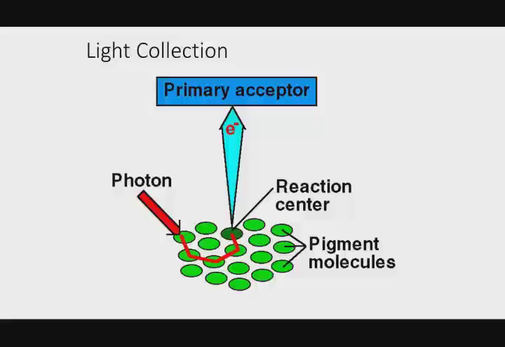Now, what we really do then is when we collect light, we create arrays of pigment molecules called antenna complexes. And really what we're going to do then is kind of collect them all almost like a parabolic mirror and shuttle them to the center where we have what's called the reaction center, where there's what's called the special pair. And we're going to talk about that more as we talk about the details of the light reactions.